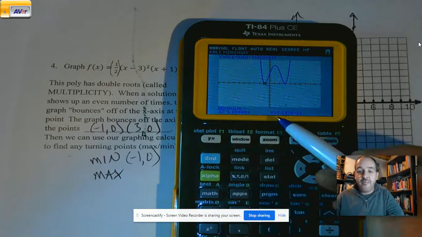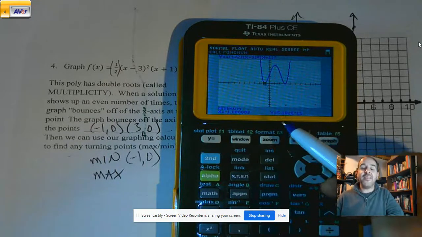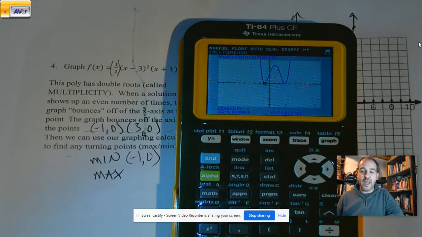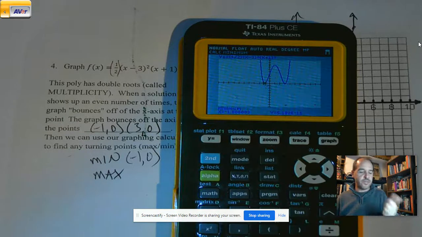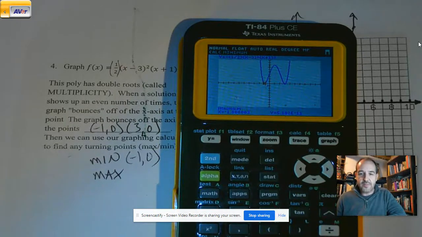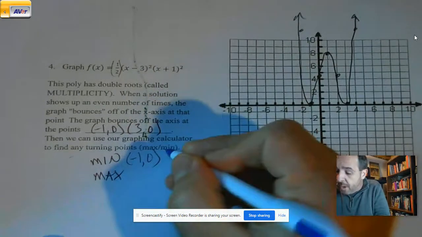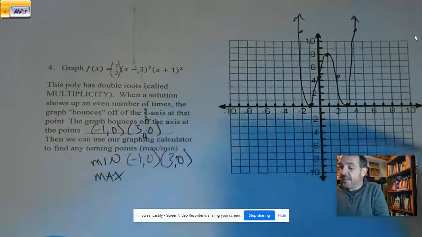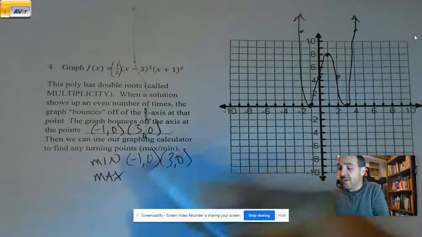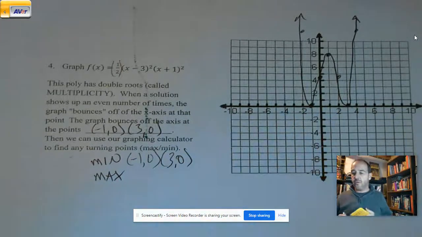This means 5.18 times 10 to the -11th power, which in actuality would be 0.00000000005. Now that's really close to 0, so that's why we just write 0 instead of all those decimals. So yes, our mins are both at those intercepts. If I check the first one and that's what I get, that's probably what I'm going to get for both.